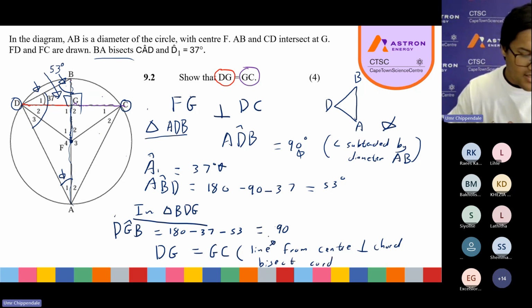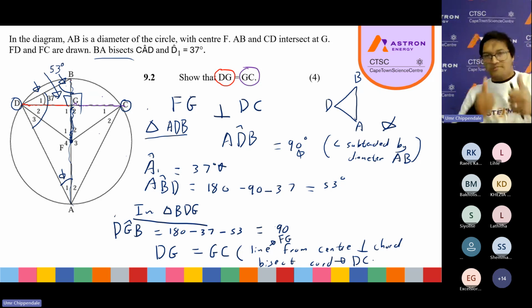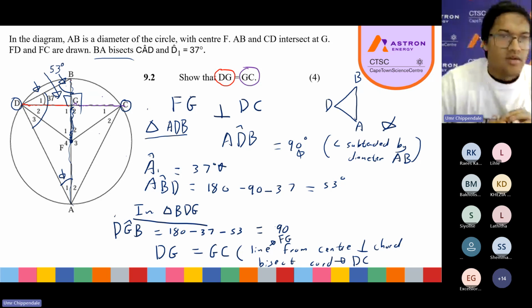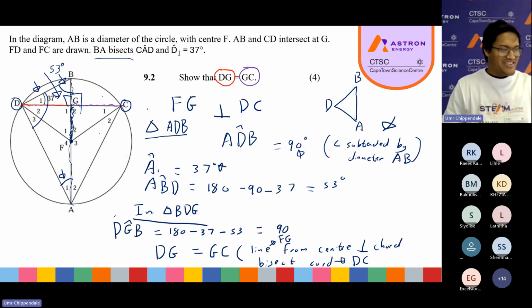If you want to be extra, this line is FG, the middle piece from the center up. And this chord over here was DC, the line we broke into two. So, okay, that is how we're done with 9.2.